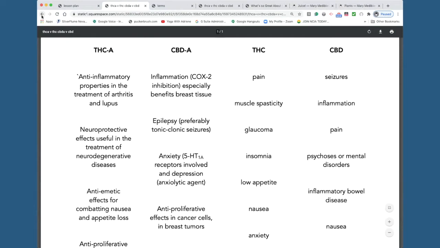So say you want to treat yourself and you're taking in terpenes and THCA and a little bit of THC and CBD and perhaps some CBDA, you're going to have more effects because there's more compounds working in your body and finding what's going wrong. So that entourage effect is a big deal because it really does amplify the medicine and make it work better.